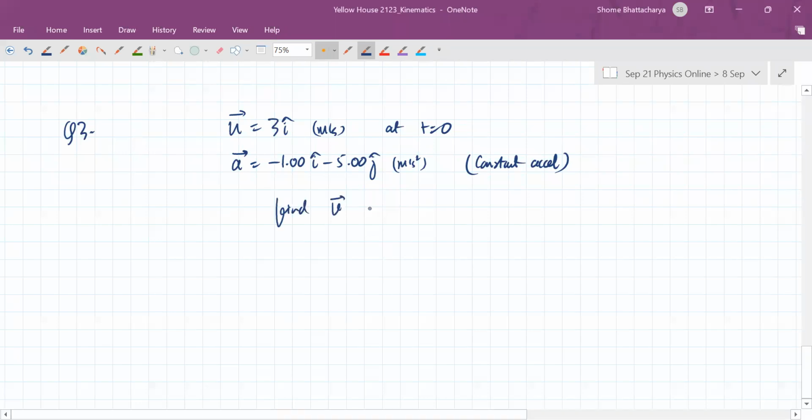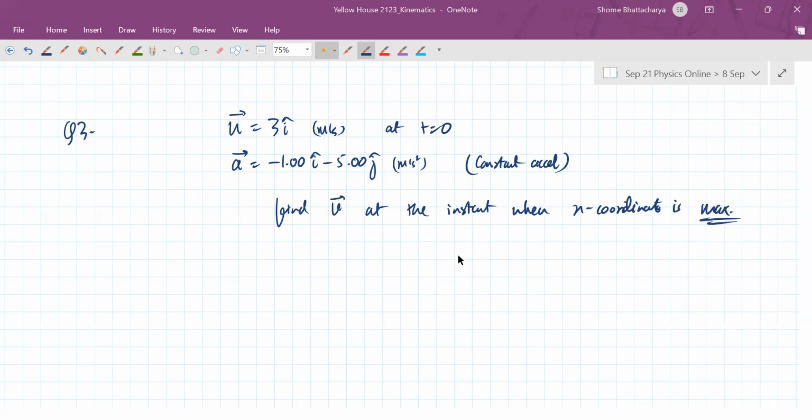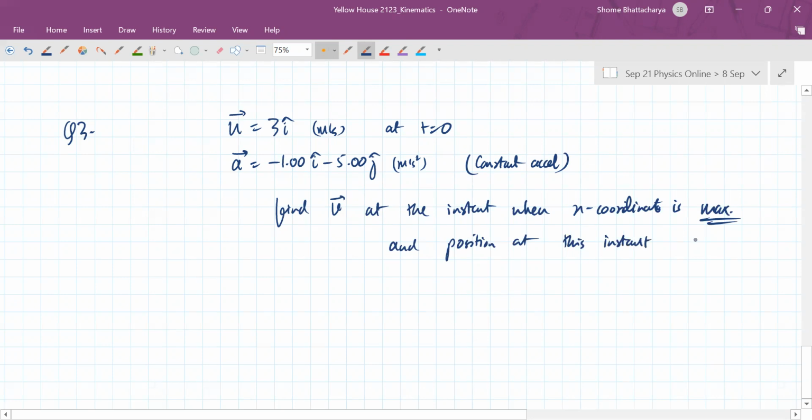Find the instantaneous velocity at the instant when the x coordinate is maximum. That's one thing, and you have to also find the position of the particle at this same instant.